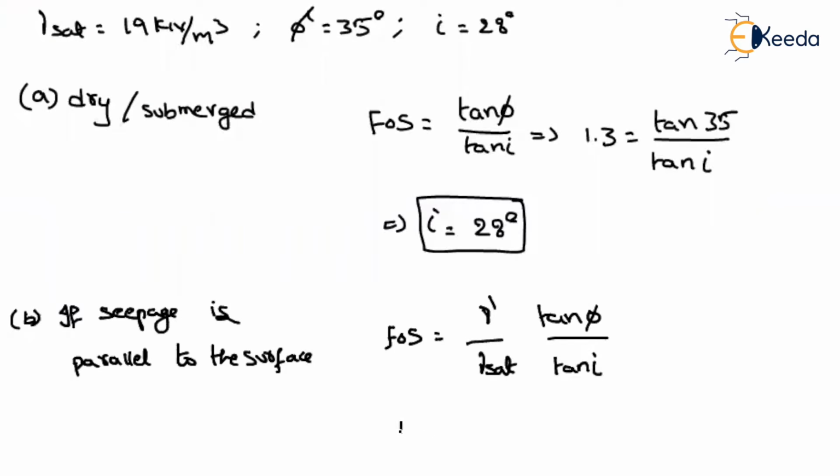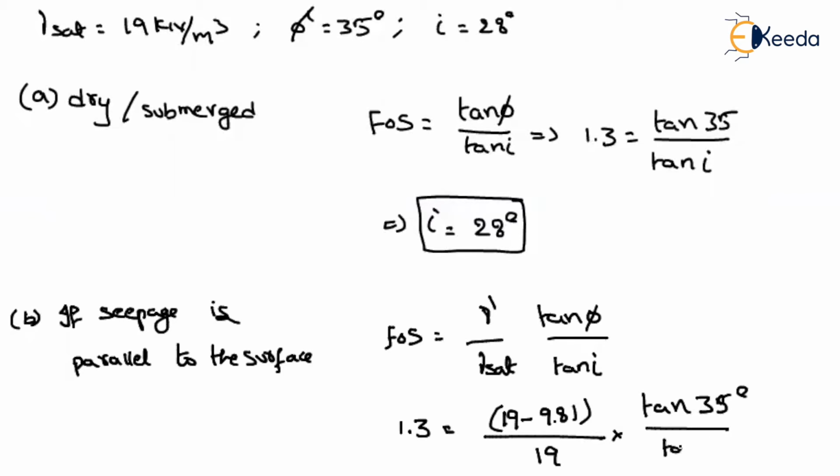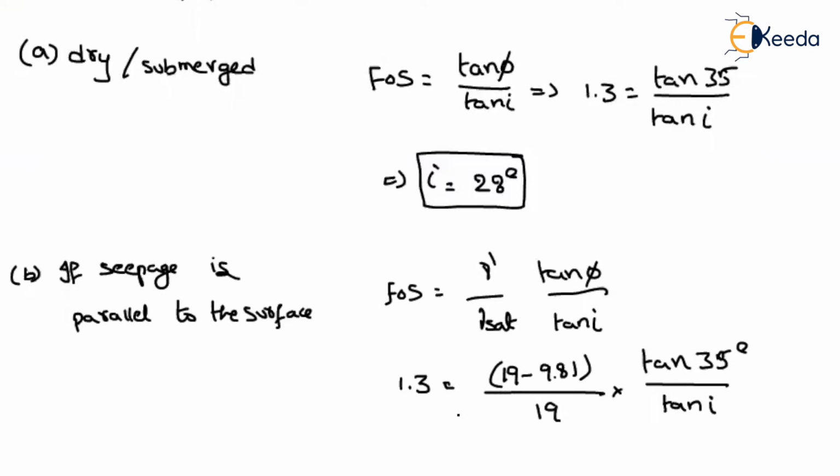So factor of safety is given as 1.3. What about the gamma dash? Nothing but gamma saturation 19 minus gamma w 9.8, divided by gamma saturation 19, into tan phi, where phi is 35 degrees. Then from this find out the i value. So your i value will be 14.6 degrees.